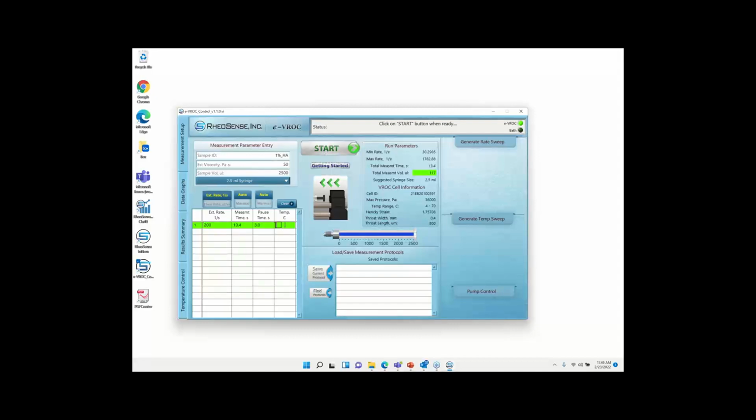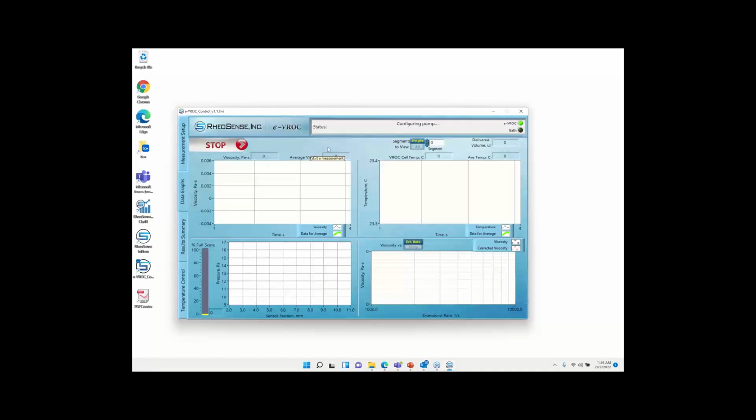I'm just picking a rate that should be okay based on the experiments we just performed on the Initium. You can see that the view of the software, although it's a different format, really is showing us the same information.